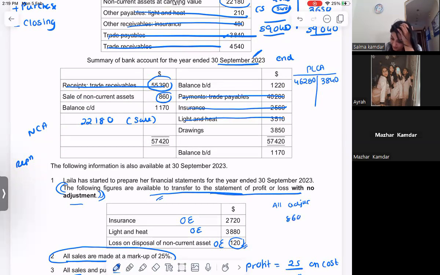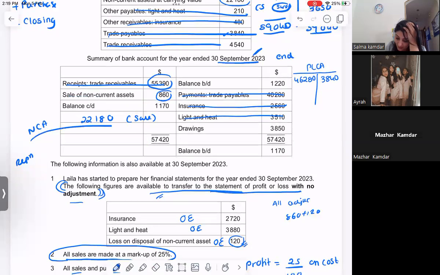860 plus 120 is 980. That is the net book value of the non-current asset sold.